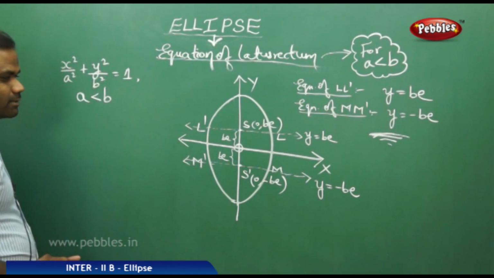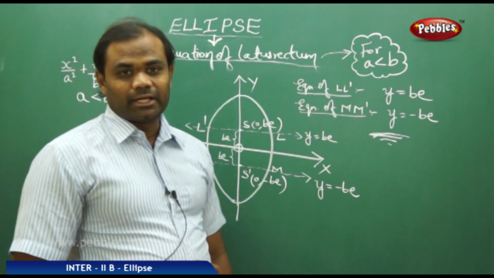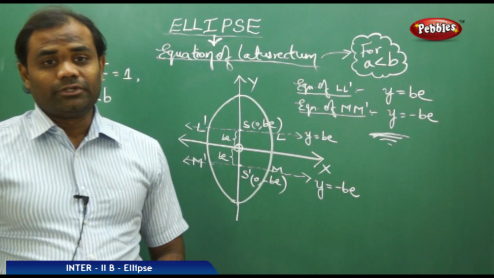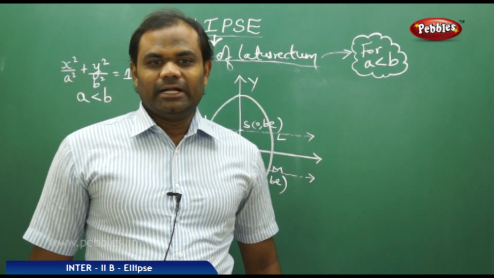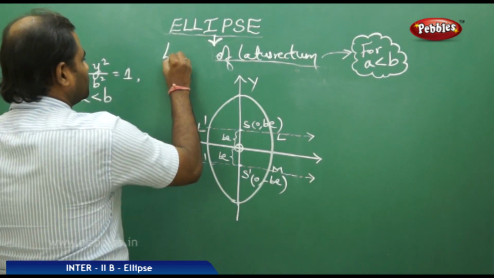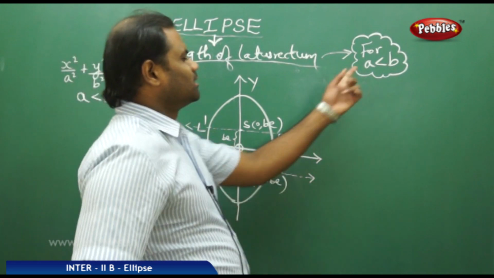Next comes the length of the latus rectum for a less than b.